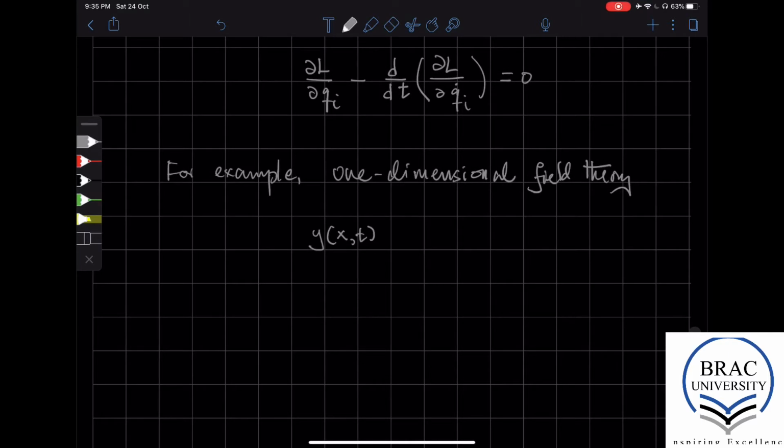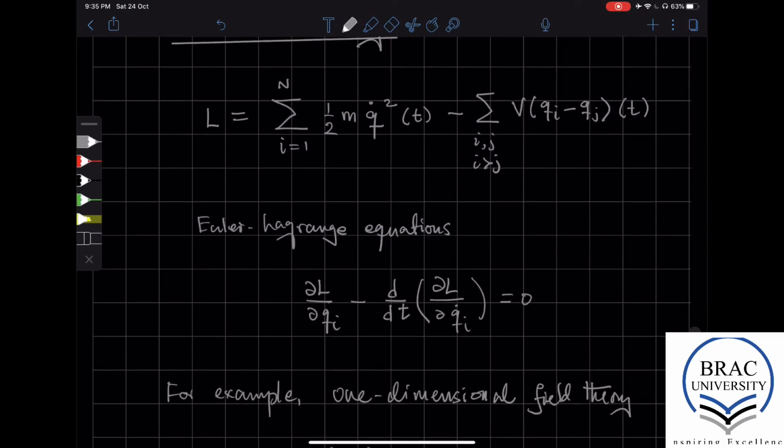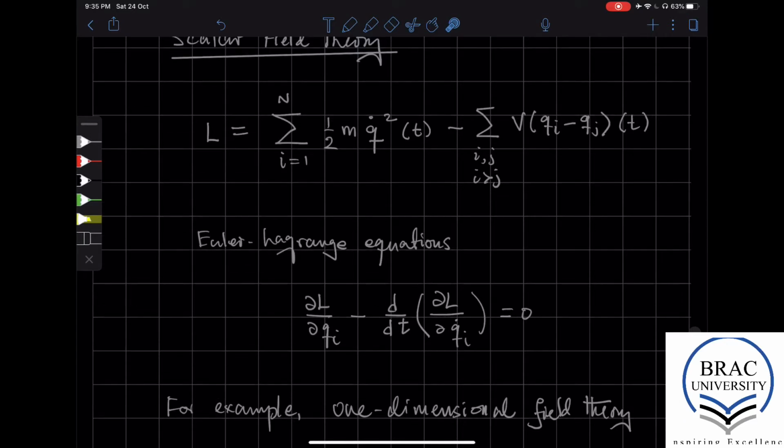And the Lagrangian of such a string will be given by, so there'll be an integral over all the x's. So what is happening here is that if you look at the discrete system, there was a sum over all the different, sorry, there should have been i here.